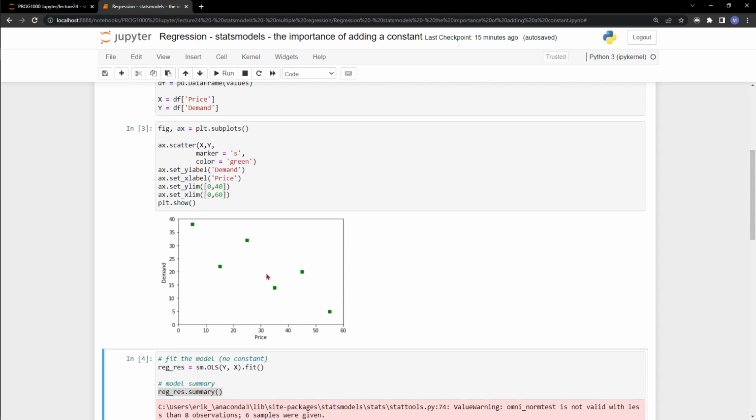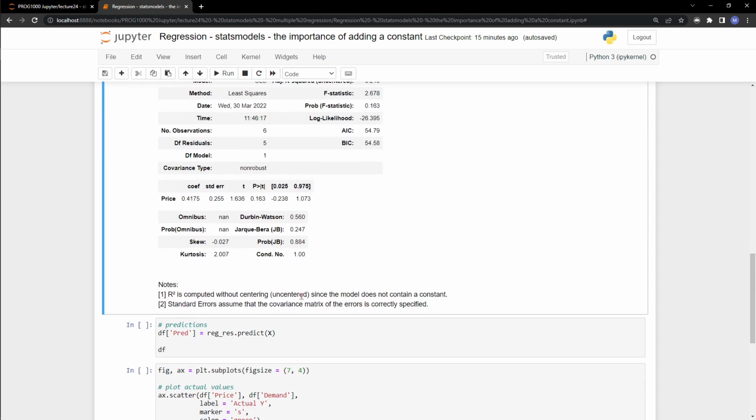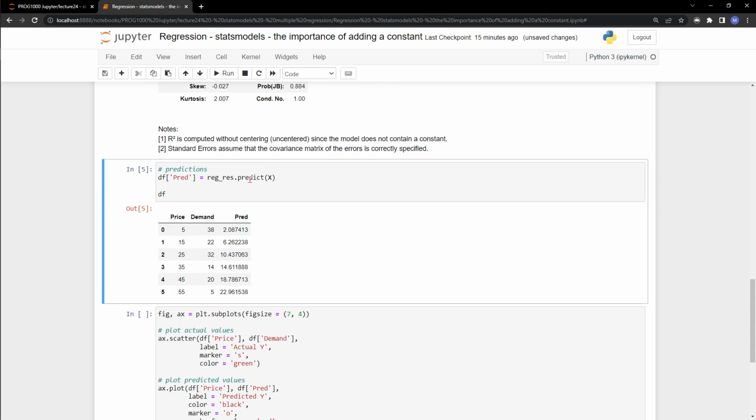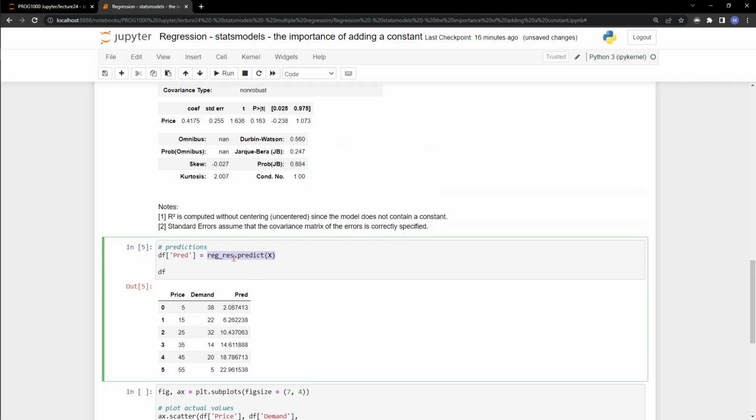We saw that it should have a negative relationship, but what we can do is we can add a column in our data frame called prediction, and these are gotten from the regression results, the predict method, and we are passing in our x's, which are the prices.